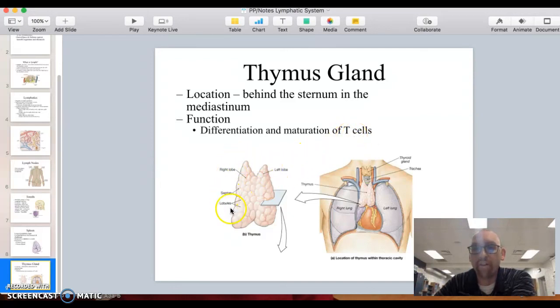So this is a very important organ in kind of your defense mechanism in helping mature and differentiate. And remember, differentiate means that this will help kind of make all the different types of white blood cells that are able to fight different infections and stuff.